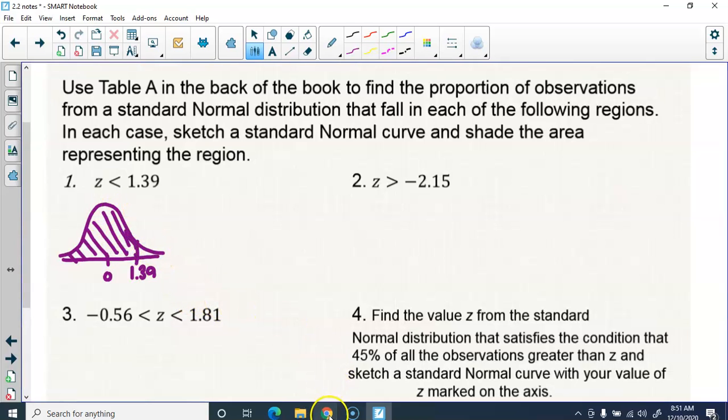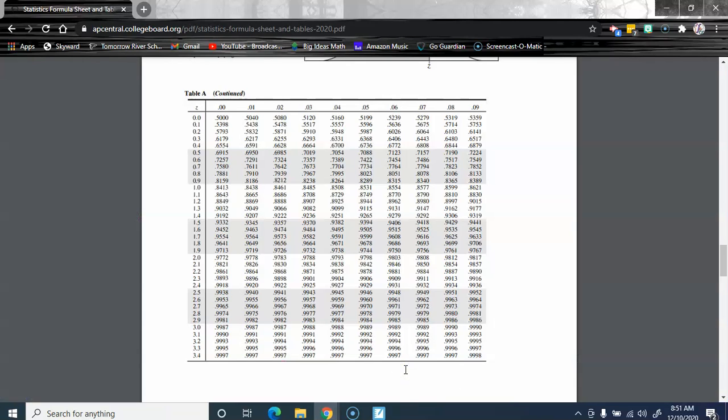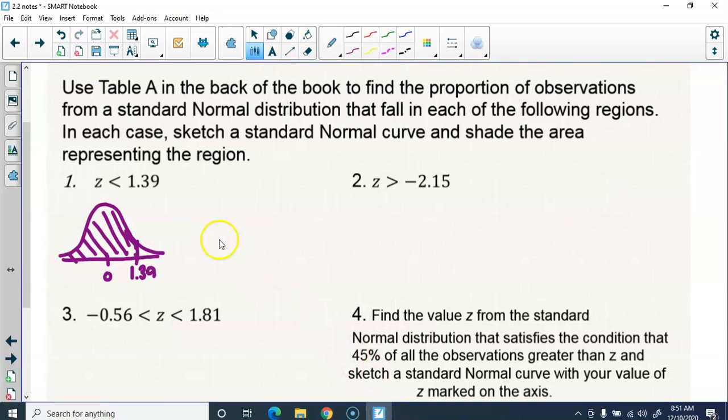So I'm going to look at my Z table. This is the positive side, 1.3, going all the way down the 1.3 row until I get to the 9. I see 0.9177. The way we can write this mathematically is P(Z < 1.39) = 0.9177.